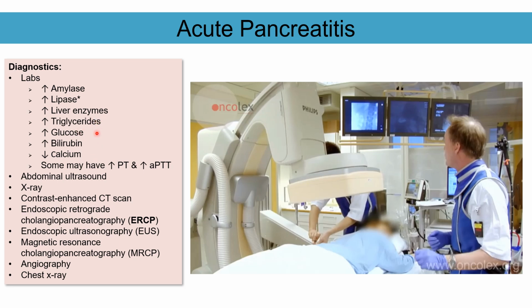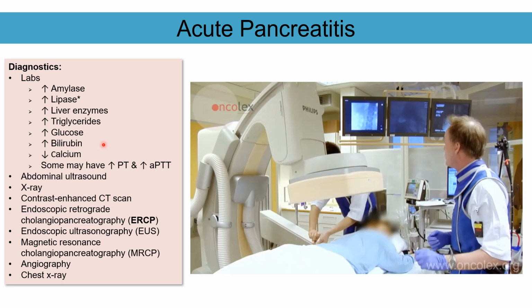We could have elevated blood glucose levels, and that's because, if you remember, the pancreatic duct that collects the secreted enzymes and hopefully dumps them into the duodenum also carries insulin that the pancreas secretes. So if there is an obstruction there and those enzymes can't get out, the insulin isn't going to be able to get out either.